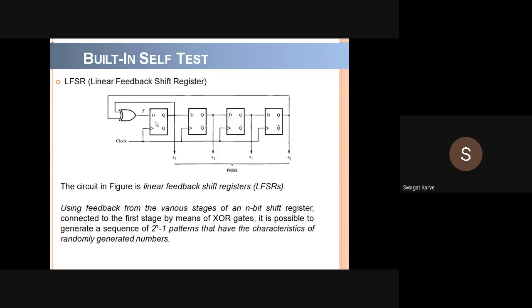One flip-flop is able to store 1 bit only, so depending upon how many bits your test vector or input has, you use that many D flip-flops. This is the very basic working principle of the linear feedback shift register, and it is one of the types of built-in self-test method.